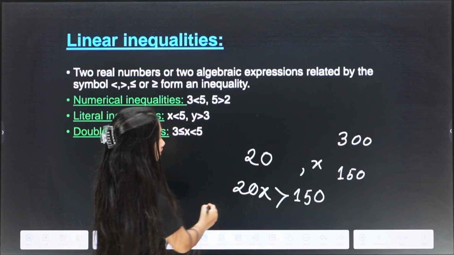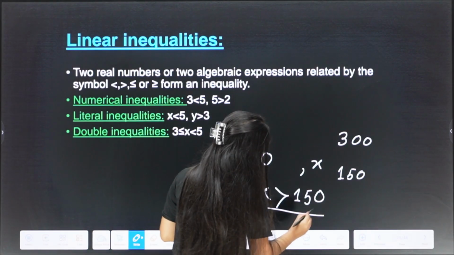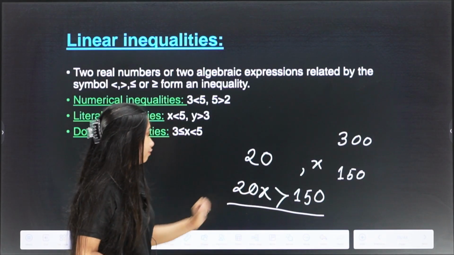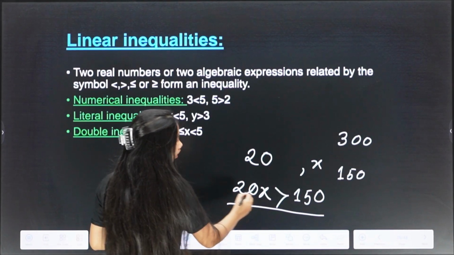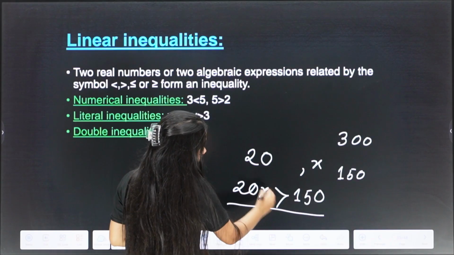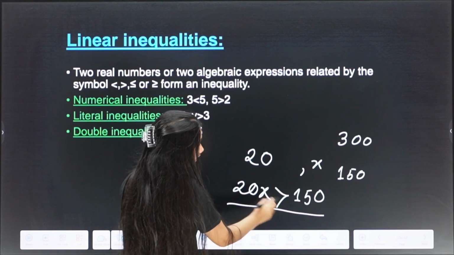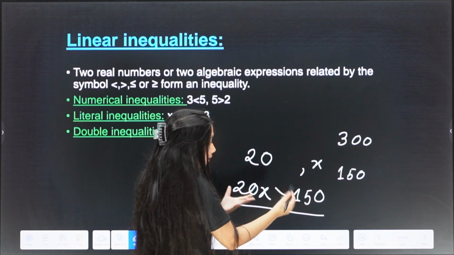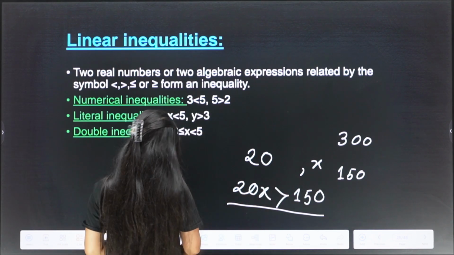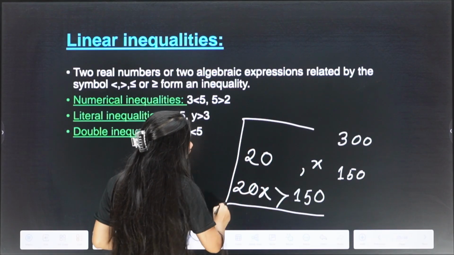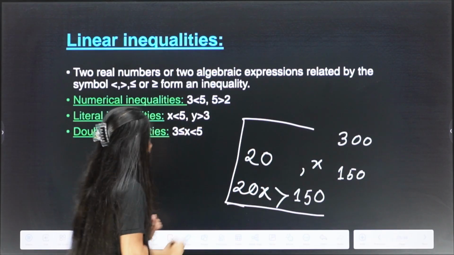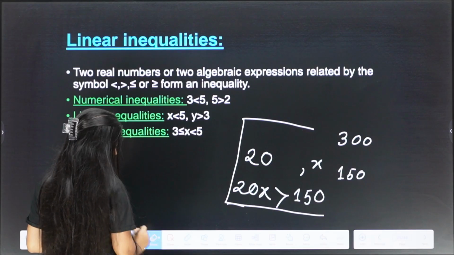This inequality is called a linear inequality. That is, 20x is greater than 150, the price of 20 flowers is greater than the money I have. So this is called a linear inequality.